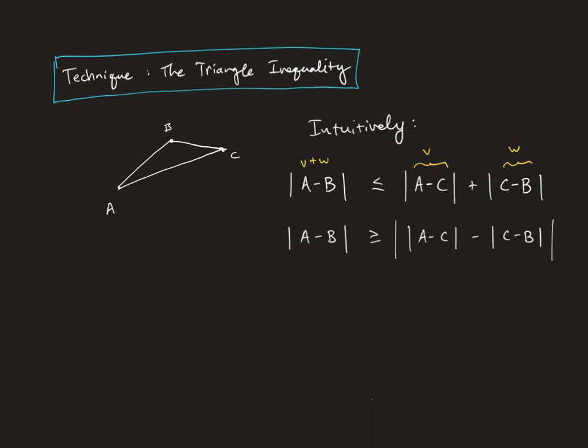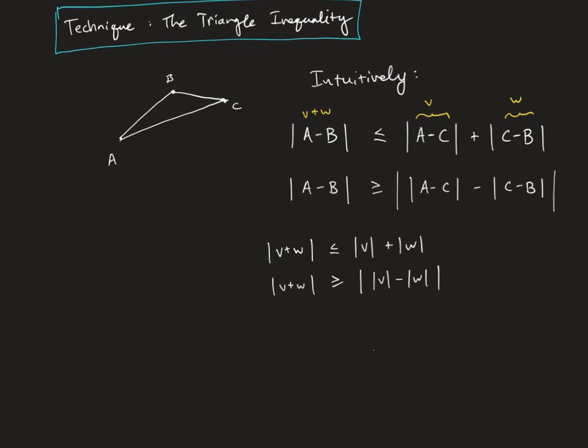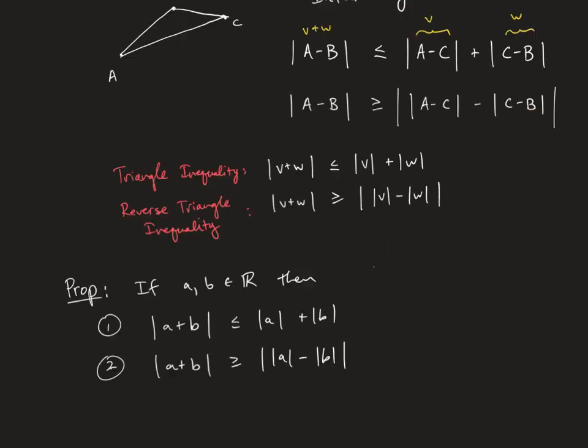What we've argued is that the length of V plus W is less than or equal to the length of V plus the length of W, and the length of V plus W is bigger than or equal to the absolute value of the difference of the lengths. These are called the triangle inequality and the reverse triangle inequality.